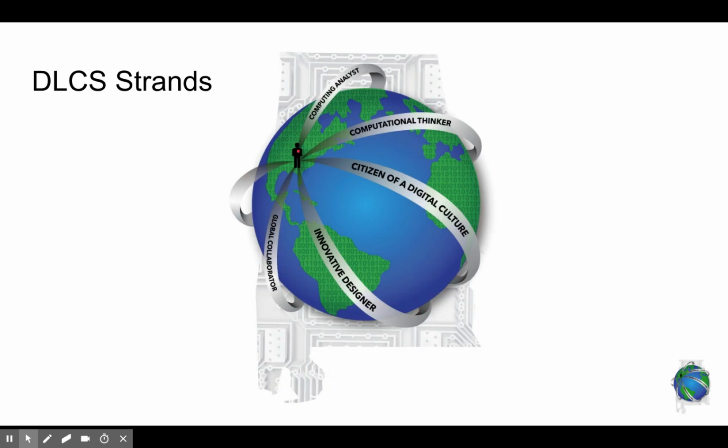The committee came up with 5 strands to focus the DLCS standards on, and they're shown here in what's called the Conceptual Framework, this graphic. You see the little icon of a student there in Alabama, and stretching out are the strands of computing analyst, computational thinker, citizen of a digital culture, innovative designer, and global collaborator.